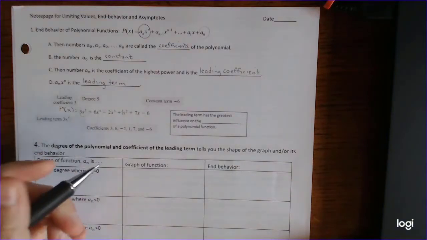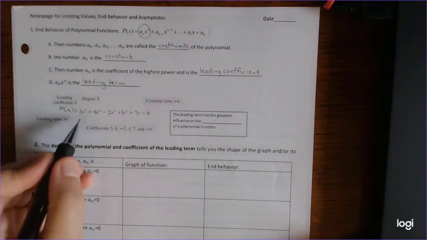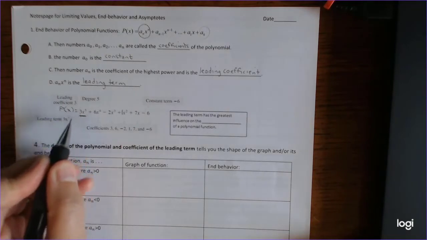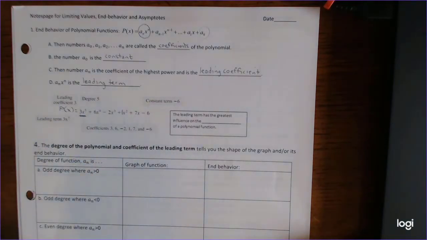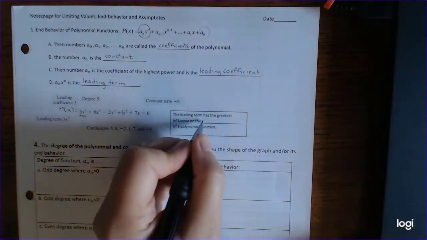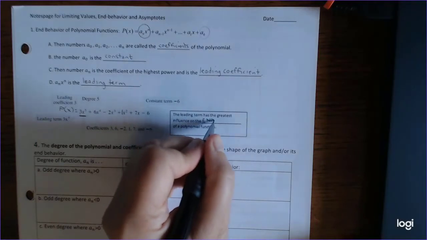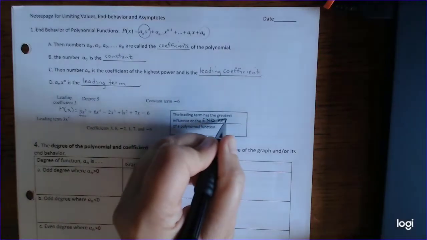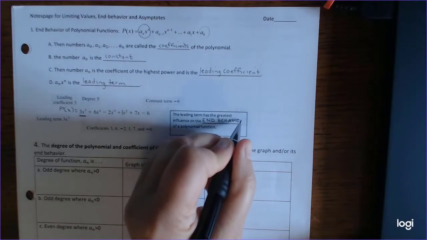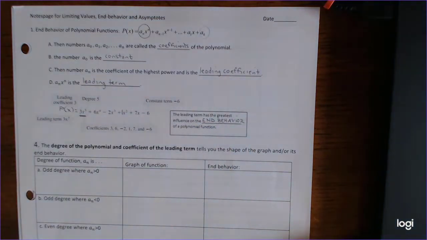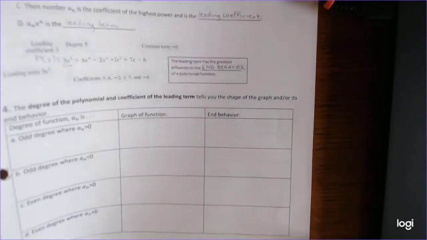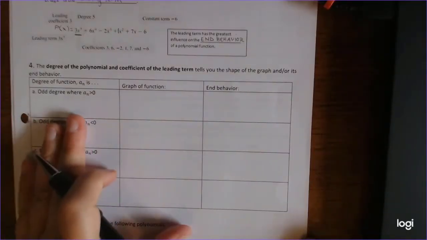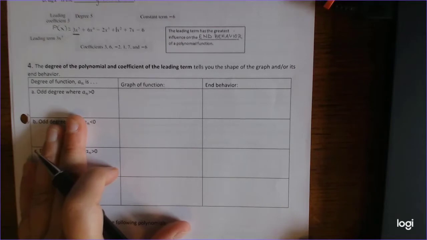And the cool thing is, for a lot of our end behavior discussion, all you really need to look at is the leading term. So the leading term has the greatest influence on the end behavior of a polynomial function. So even though we're just mainly looking at graphs, we're going to go ahead and talk about this now.